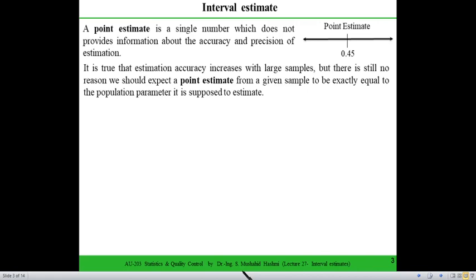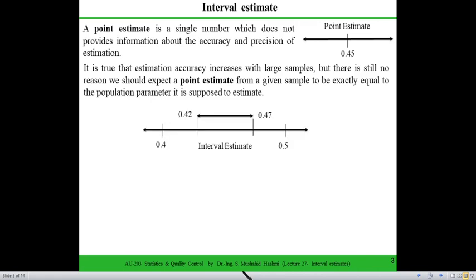As we already know, with point estimation the accuracy increases because the variance within the samples is decreased once you take large samples. But still, this point estimate is for a given sample where the population parameter is to be estimated, and there is a variability associated.